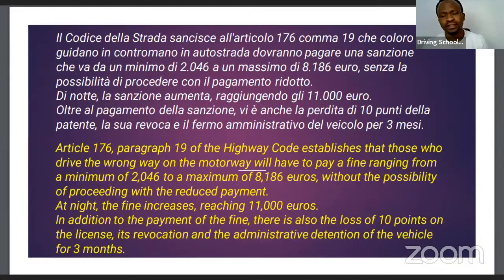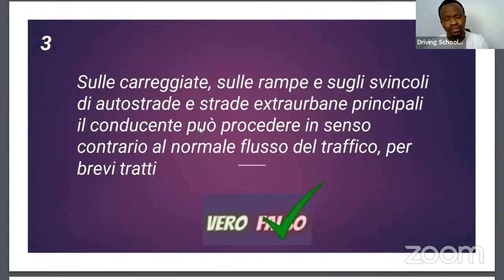So the answer to this question is falso. You cannot drive in the opposite direction, not even for an inch. Remember, that is why U-turn and reverse are also prohibited on the autostrada. You understand?